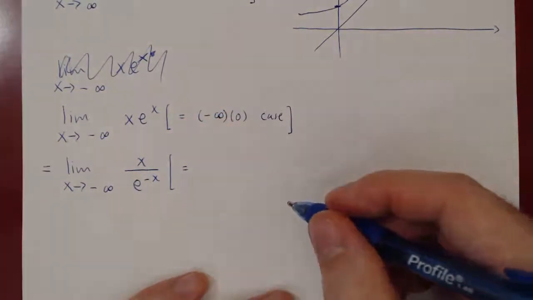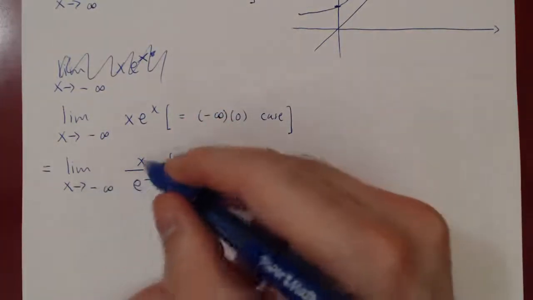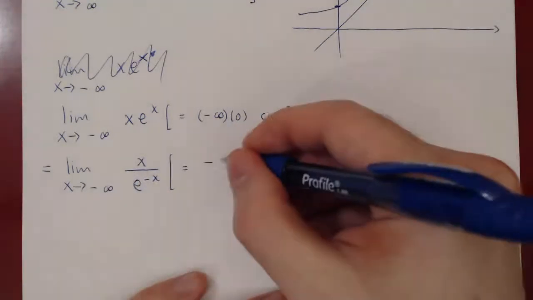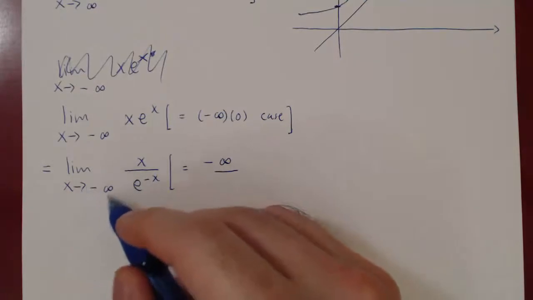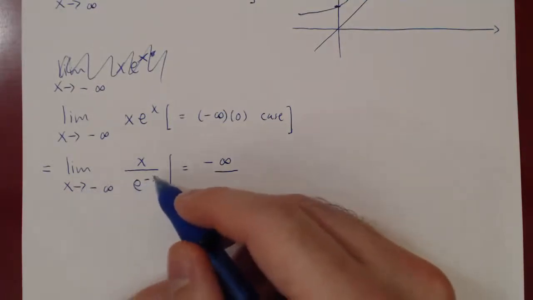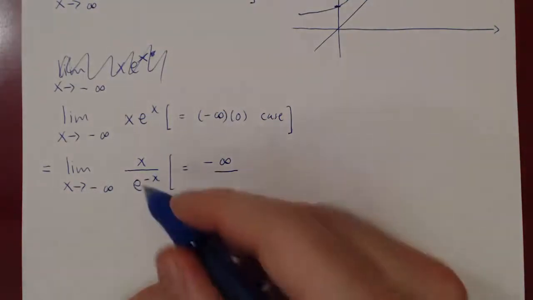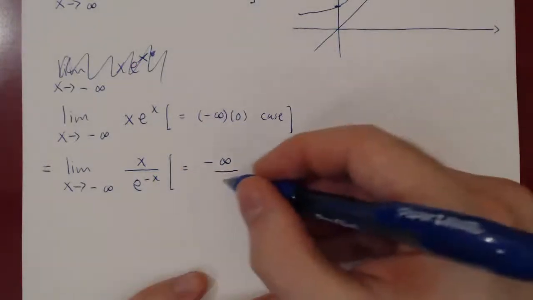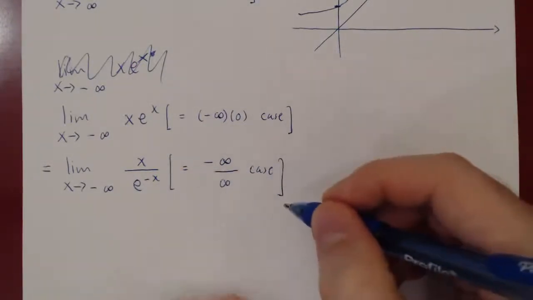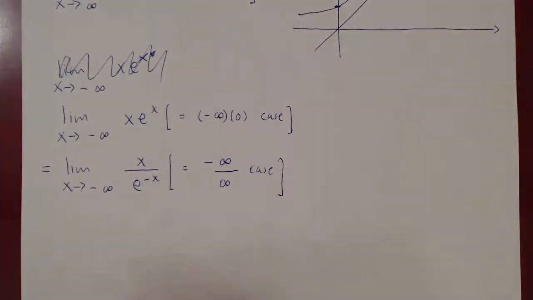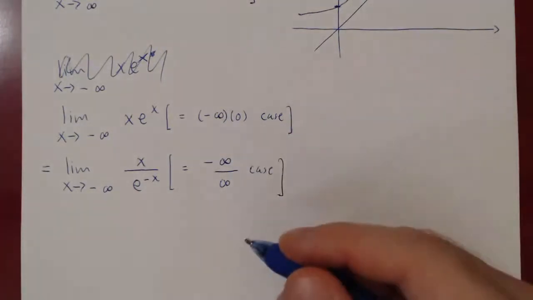Let's look at our case now. As x goes to negative infinity, negative x goes to positive infinity. E to the infinity is just infinity. And this is great because we can now use L'Hopital's rule. We have an infinity over infinity case.